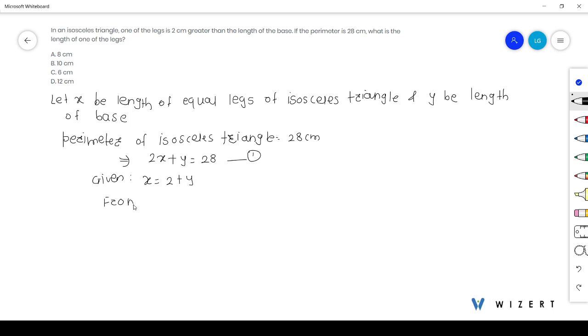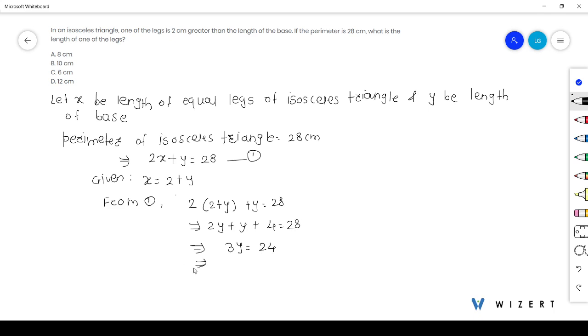So if we substitute this x in 1, equation 1 will be 2x, meaning 2 into (2 plus y) equals 28, that is 2y plus y plus 4 equals 28, that is 3y equals 28 minus 4, which is 24.